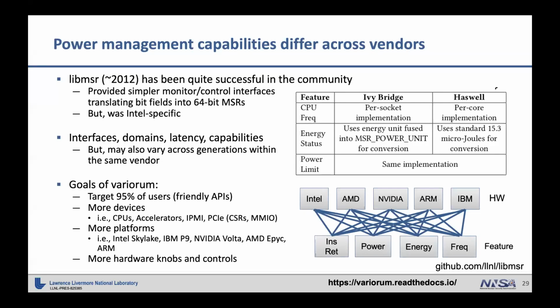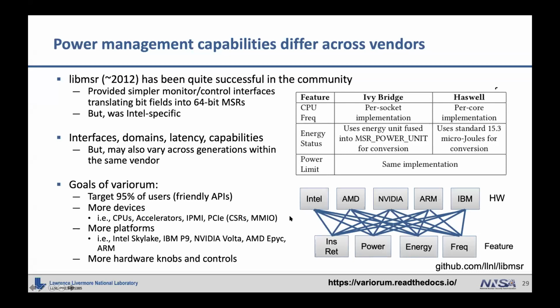And then when we looked at power limit, you can have the same implementation. So this is just trying to give you a flavor that we're trying to address the different architectures. We're trying to address these different interfaces, domains across the different platforms. So now I'm going down to this figure on the bottom.